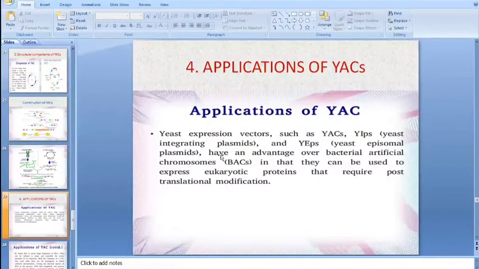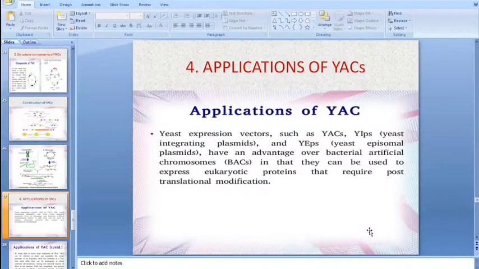Then, what are the applications? Yeast expression vectors such as YACs, YIPs, yeast integrating plasmids, and yeast episomal plasmids have an advantage over bacterial artificial chromosomes in that they can be used to express eukaryotic proteins that require post-translational modifications. So yeast artificial chromosome vectors are used as expression vectors.